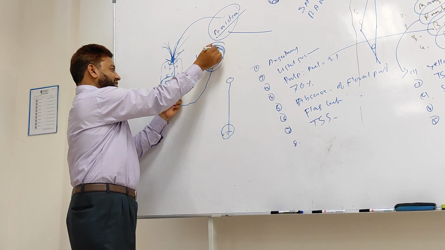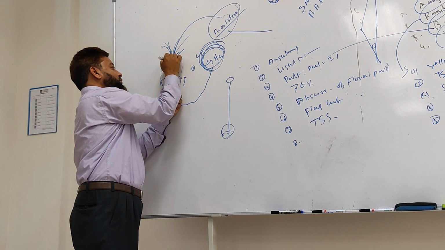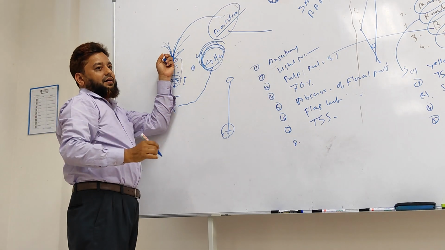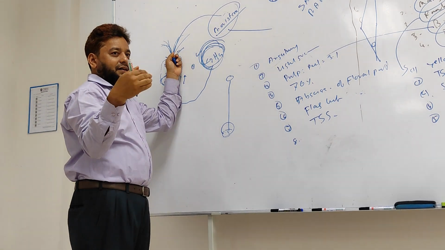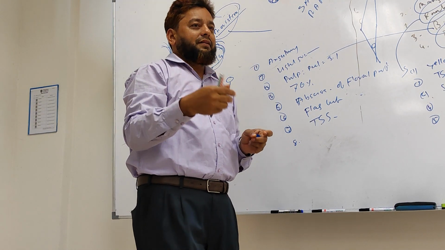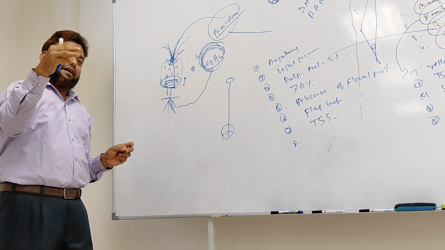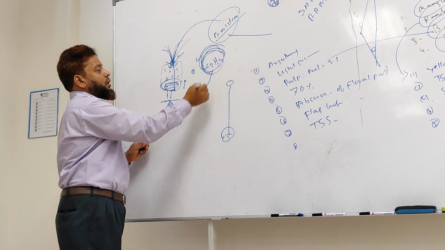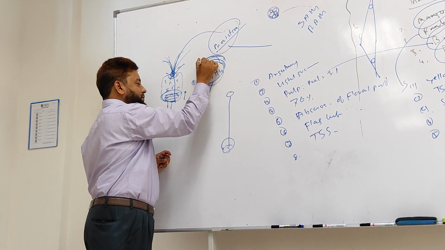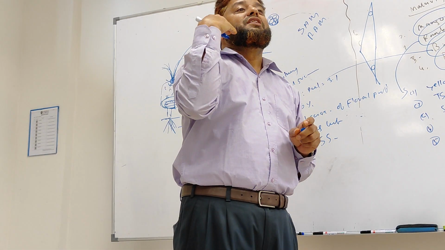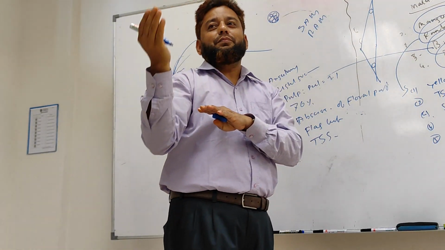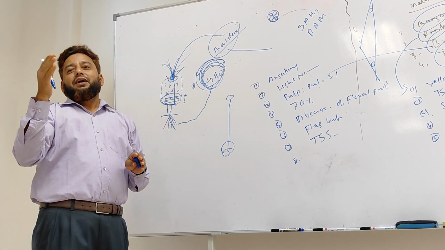So this ethylene hormone comes from this area. Does the ethylene come from the root? No. Actually, this plant hormone ethylene can be made in the root, in the leaf, in the stem, and in so many places in the plant.